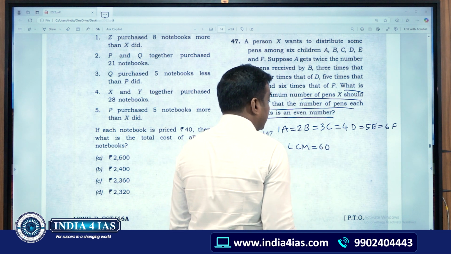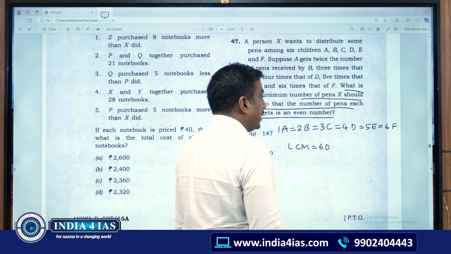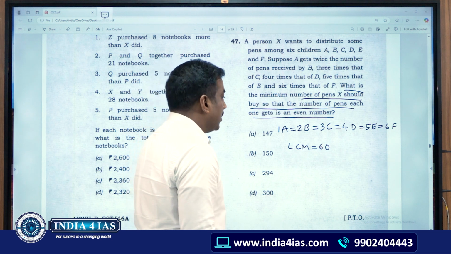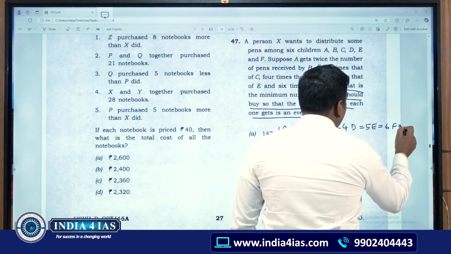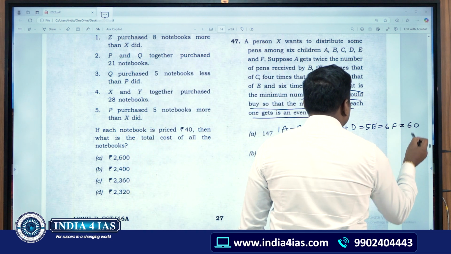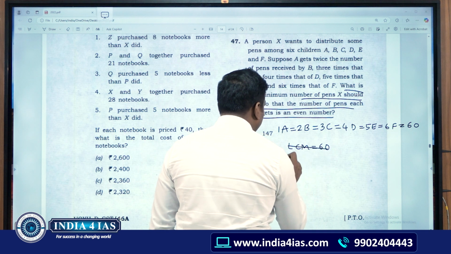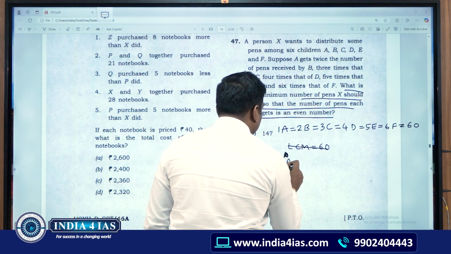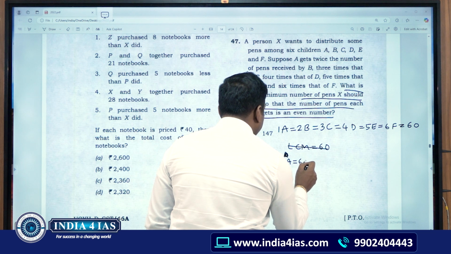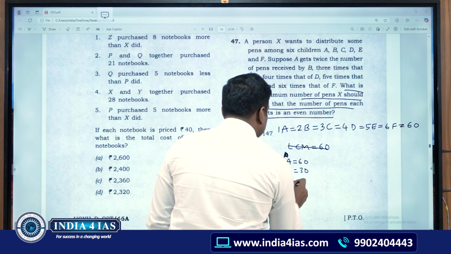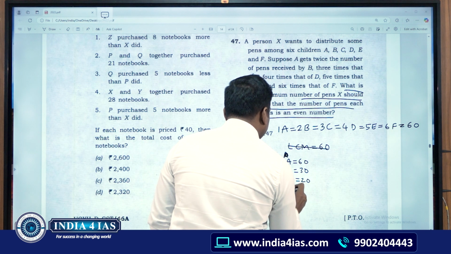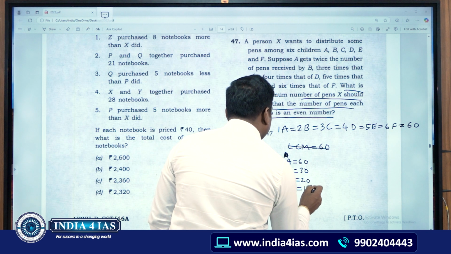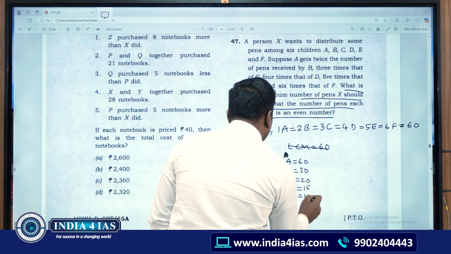So now we have to equate all these to 60. Then we'll get A is equal to 60, B is equal to 30, C is equal to 20, D is equal to 15, E is equal to 12 and F is equal to 10.